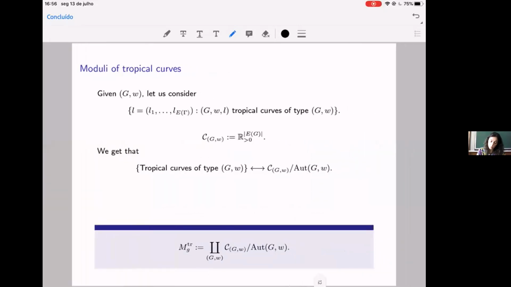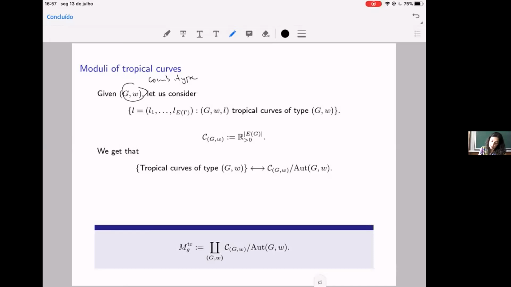Now, how can we construct a parameter space for tropical curves? We fix a combinatorial type for the tropical curve, and you allow for all possible lengths that you can have on the edges of your curve, in all tropical curves of this combinatorial type.